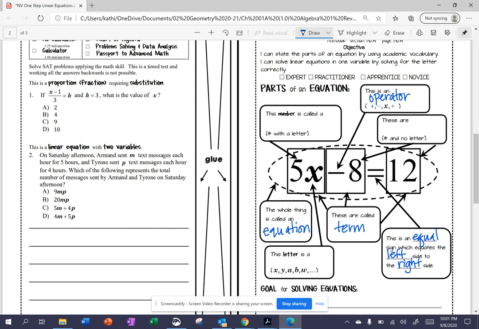When I have just a number and no letter, I call that a constant. When I have a number with a letter, I call that a coefficient. And the letter I call a variable.